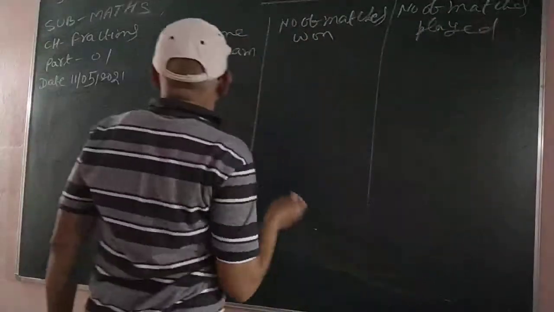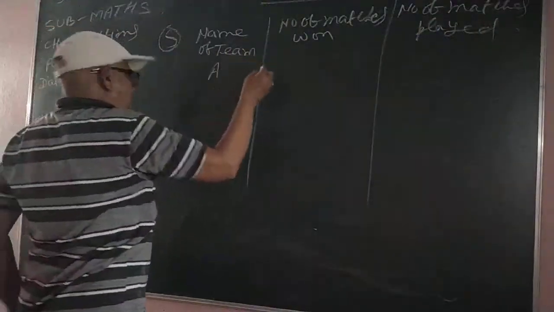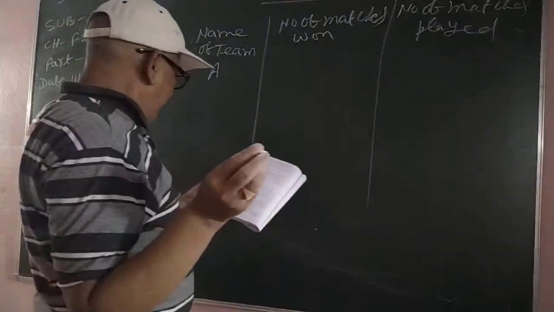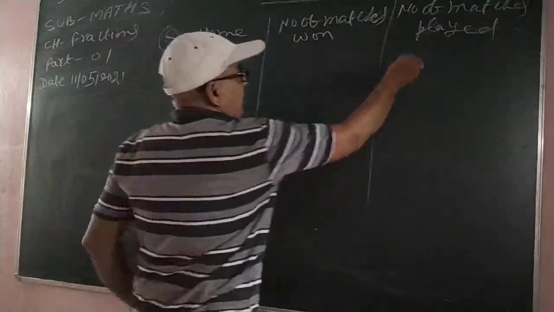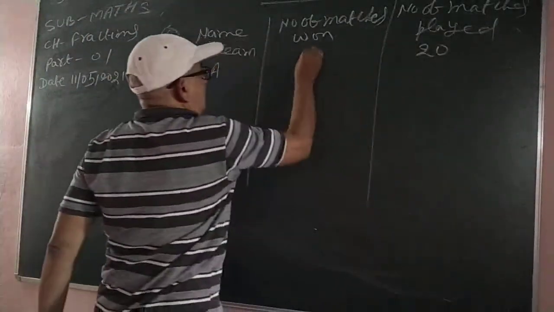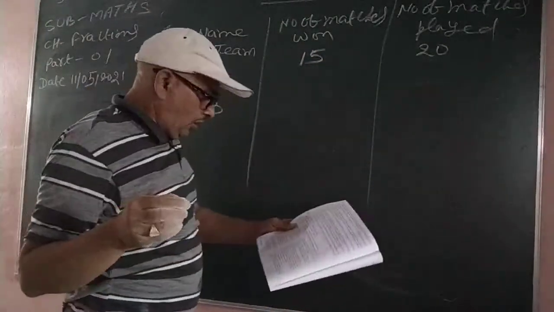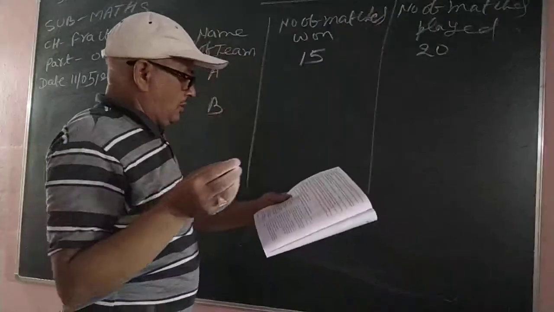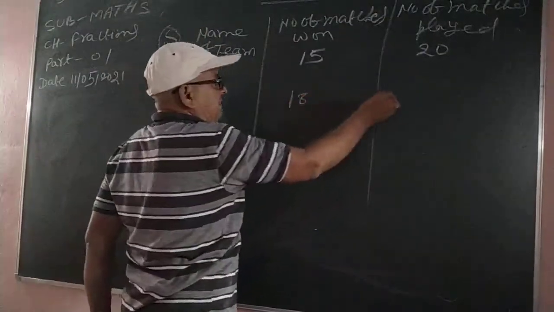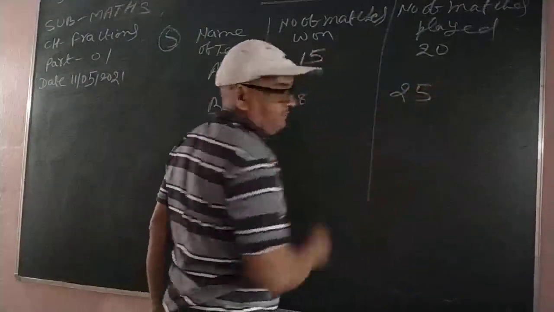Team A played 20 matches and won 15 matches. Team B played 25 matches and won 18.